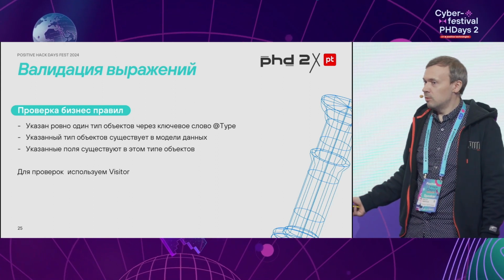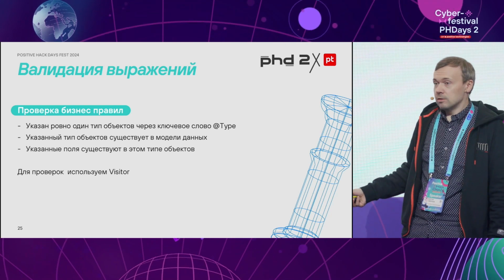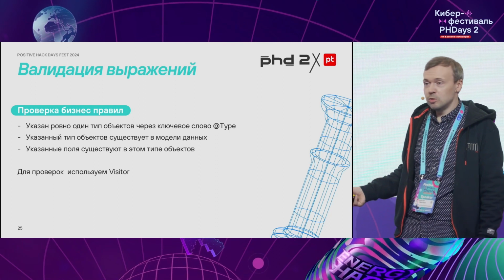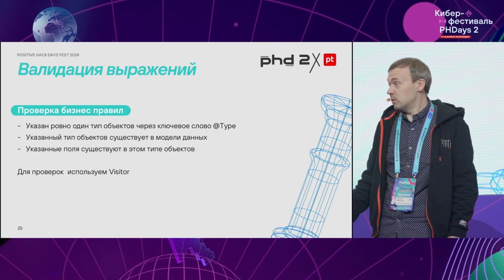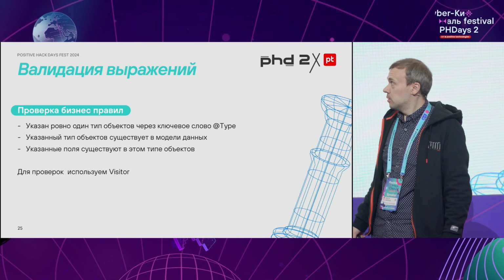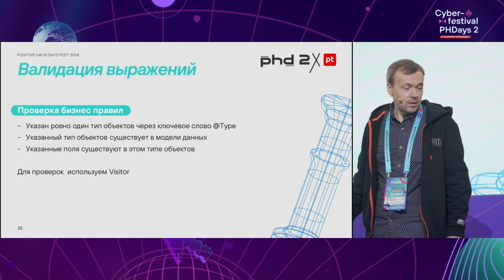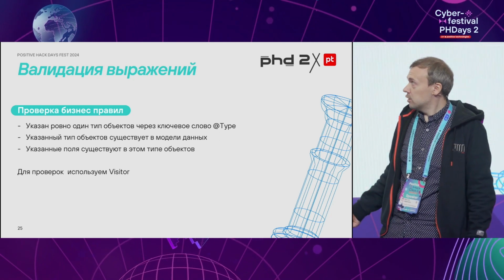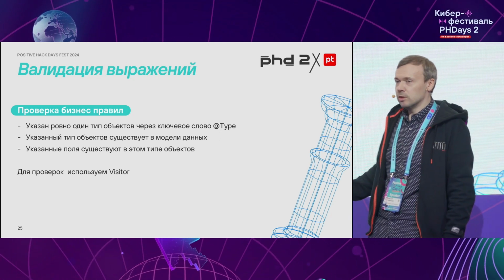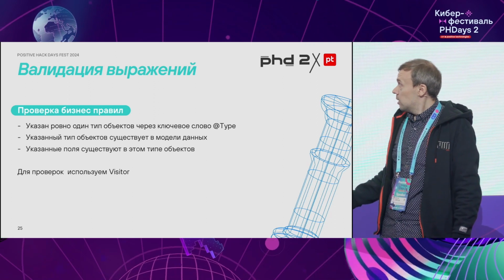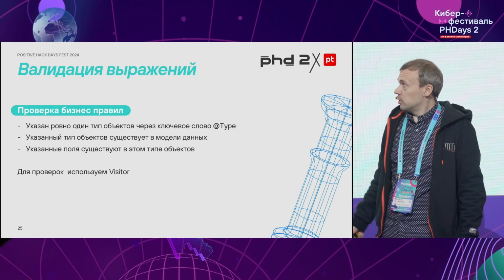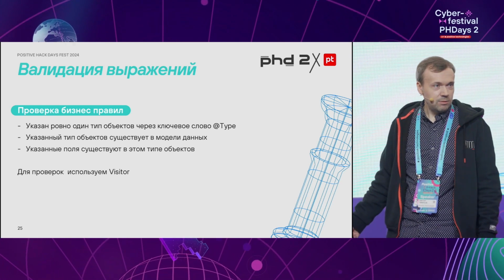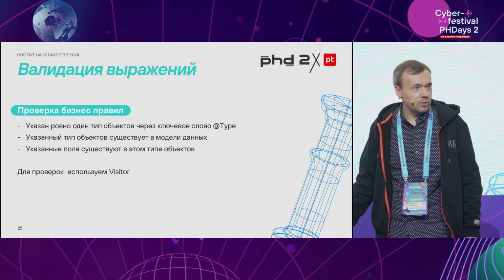We have a certain model of data. There is a number of objects, but the user doesn't know anything about a particular model, and besides, it can change. That's why we need to check whether this type of data is in the model, and we also need to check that the fields of the object are in the model and that this type of data actually has them. And there are a couple of dozen such rules that we need to check.